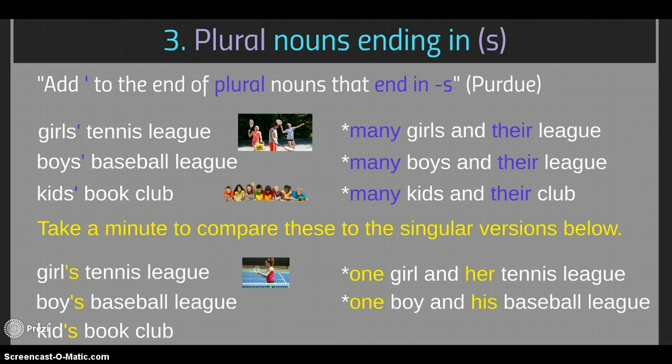And then we have the singular version of the kid's book club. There's only one kid and it's her book club, so it's K-I-D apostrophe S. And this is different than the plural form above, where there are many kids and it's their club, so it's K-I-D-S apostrophe.